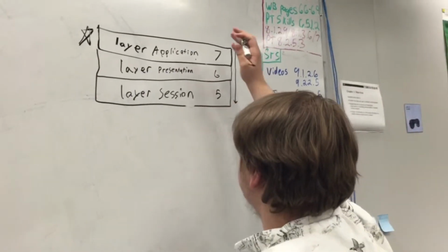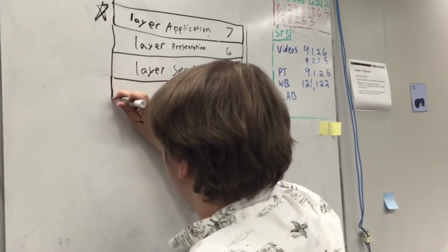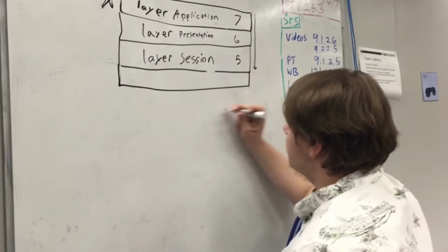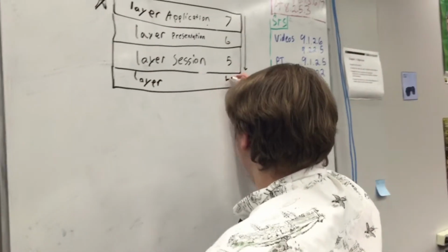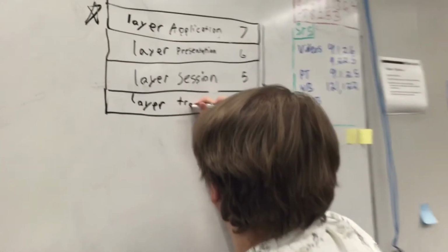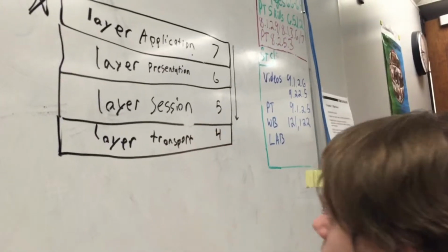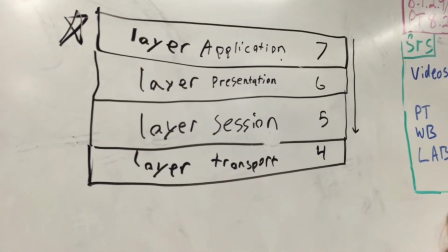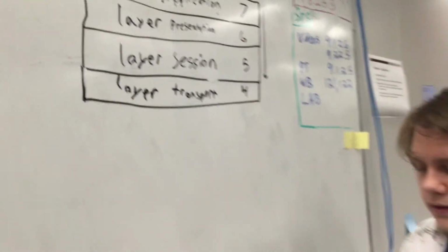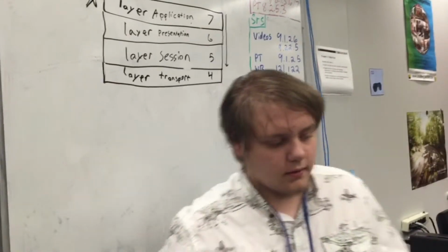Once your protocol goes through these 3 layers, it goes to something called layer 4, transport. And layer 4 transport's job is to segment.